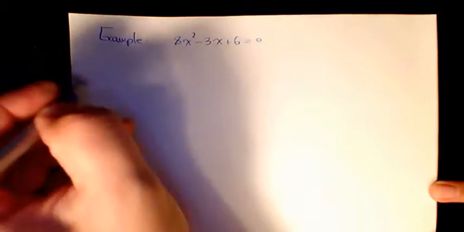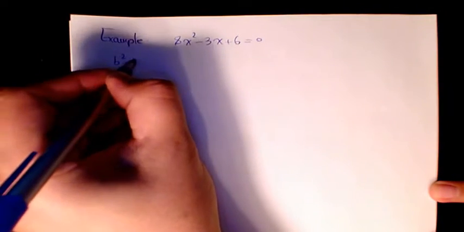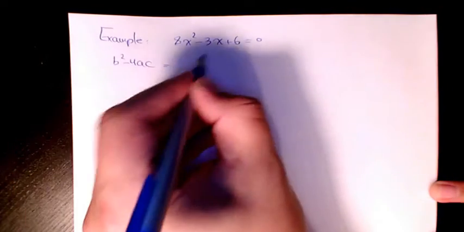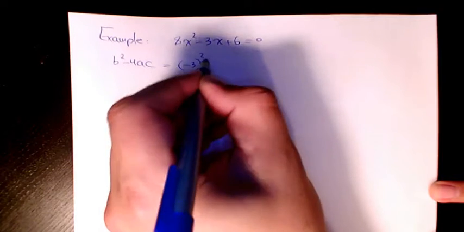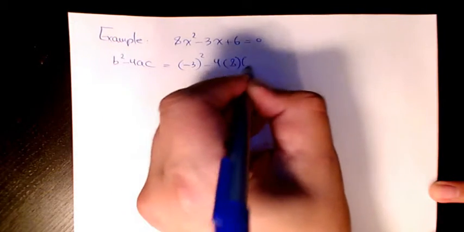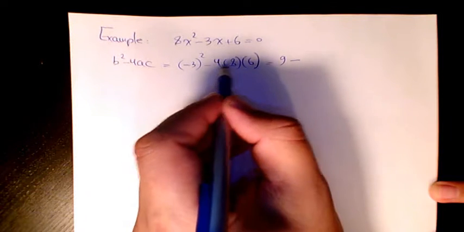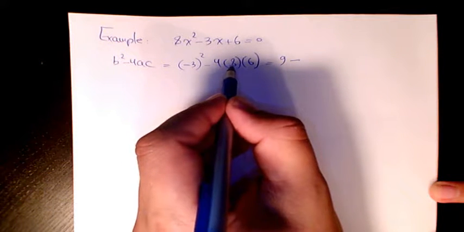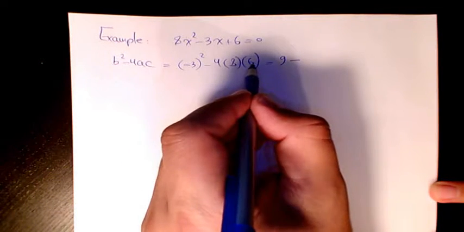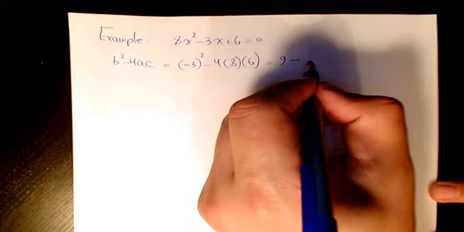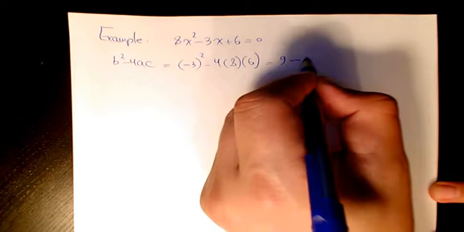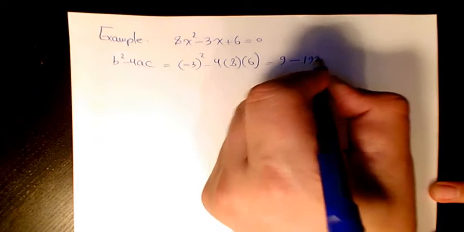We have 8x squared minus 3x plus 6 equals 0. So b squared minus 4ac. b is negative 3 to the power of 2 minus 4 times 8 times 6. That would be 9 minus 4 times 8, 32 times 6 is going to be 192.